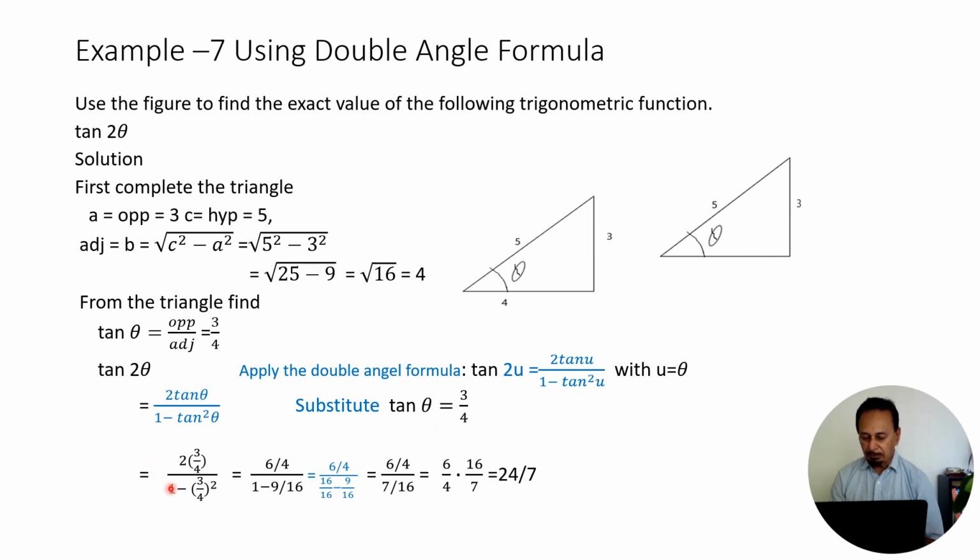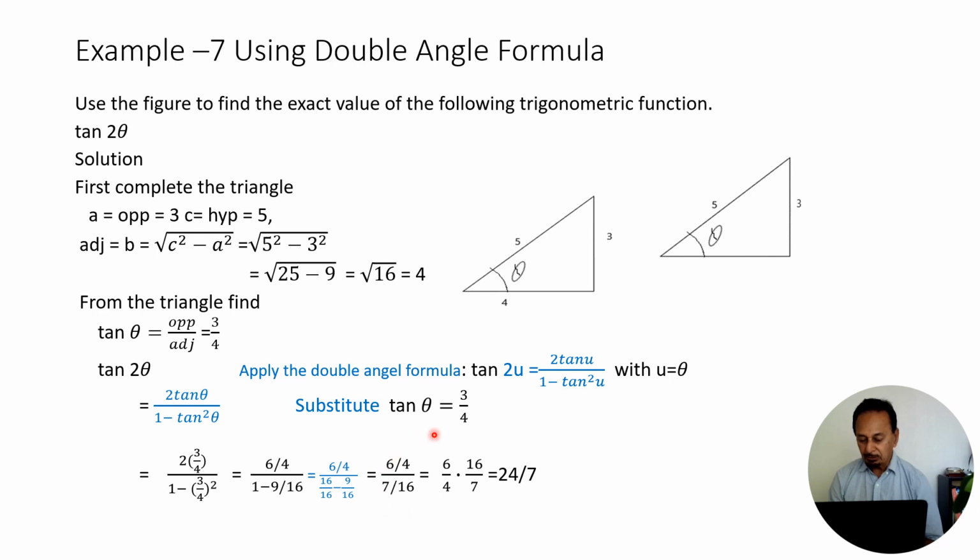So this becomes 2 times 3/4 over 1 minus (3/4) square. Now 2 times 3 is 6/4, and we can square the denominator, so it becomes 1 minus 9/16. In order to combine these, we change 1 to 16 over 16, and now we can subtract 9 from 16.